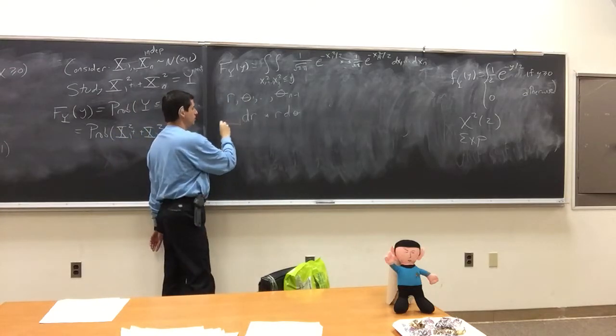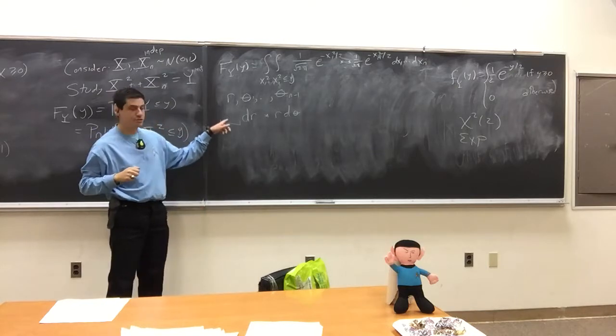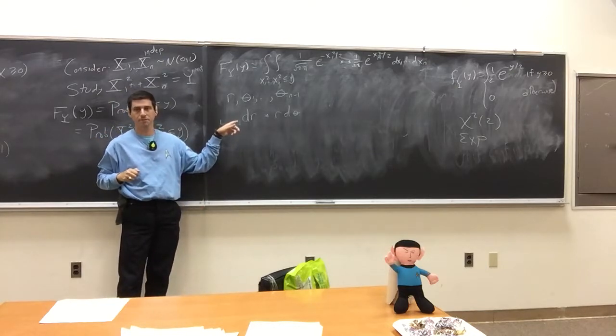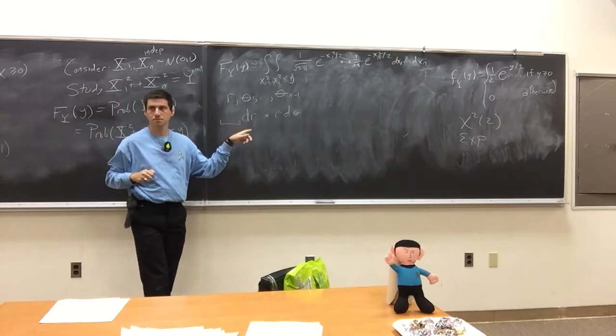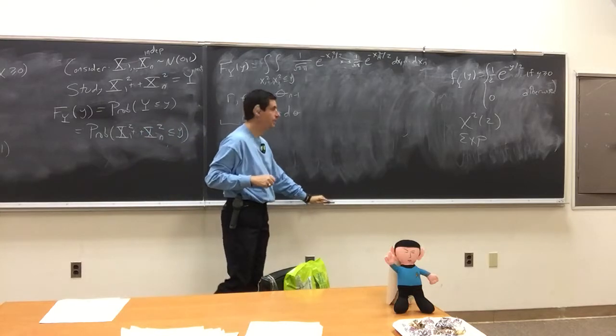Really, there's something else going on here. There's a function of r and theta here. And that function just happens to be identically 1. We have a change of variable here.